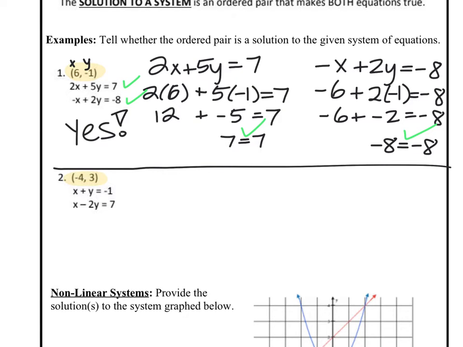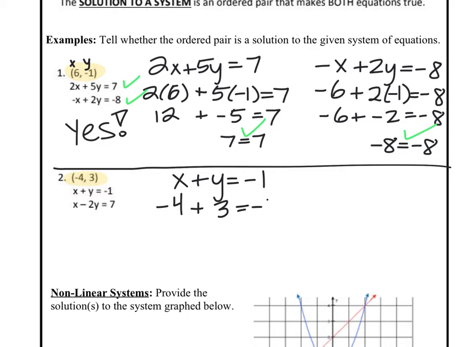Okay, we're doing that same thing, but now with the point (-4, 3) in the system that's below it. So take x plus y equals -1. Drew, what should I put instead of x? -4. And Evan, what about instead of y?